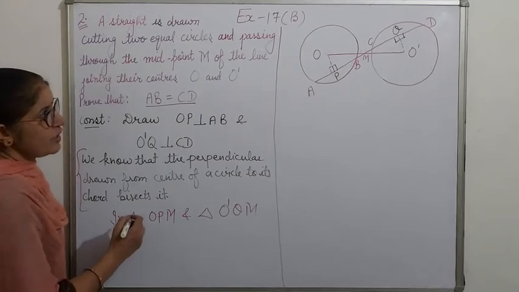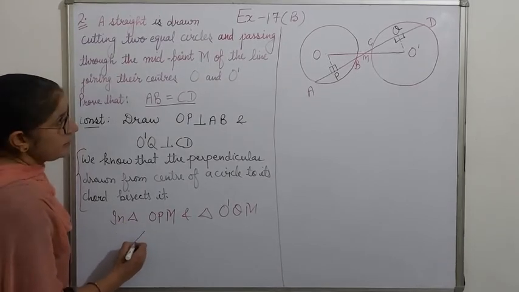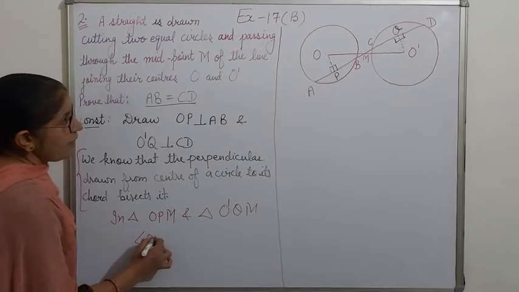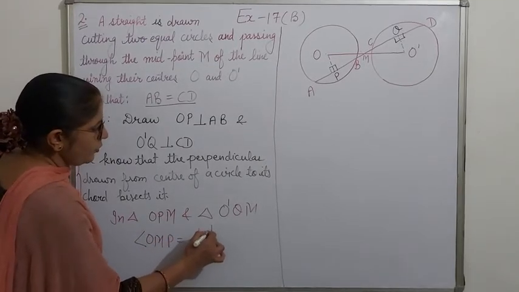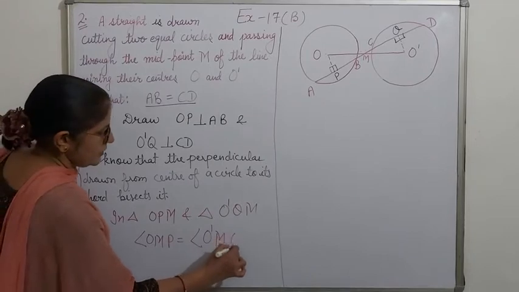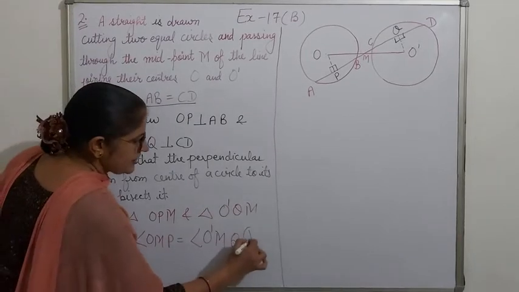The first one, angle OMP is equal to angle O dash MQ, vertically opposite angles.